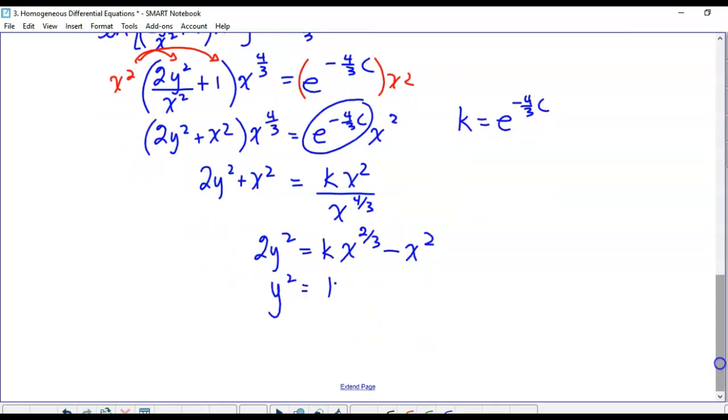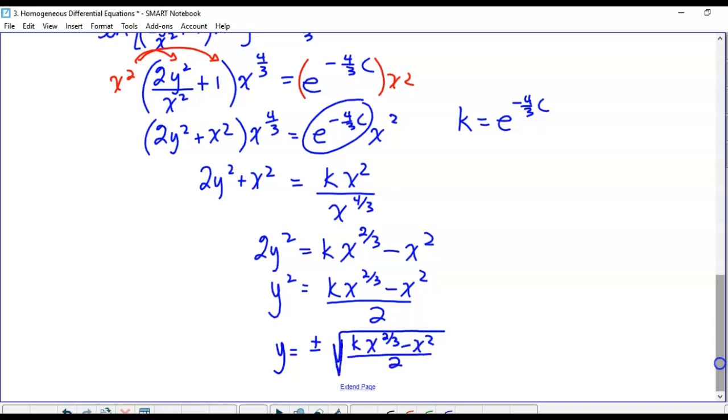And y squared equals that divided by 2, and then y equals plus or minus that. So it gets pretty complicated, but if you substitute in for that constant, it makes it a little bit easier. There are different steps when you're rearranging, but you do have to get it back down to y equals.